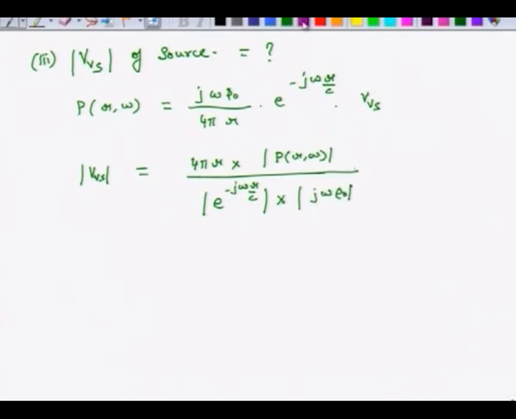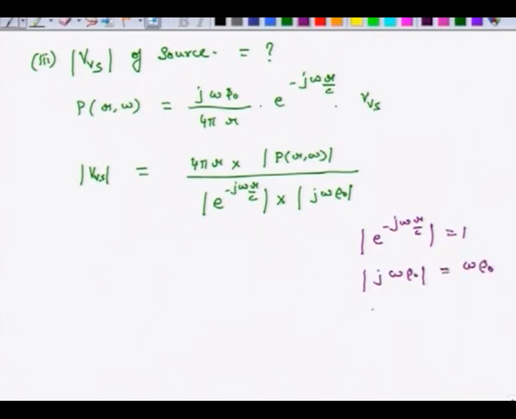Now, magnitude of e to the power of minus j omega r over C equals 1, and magnitude of j omega rho naught equals omega rho naught.